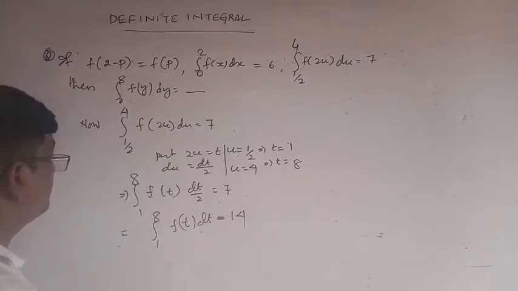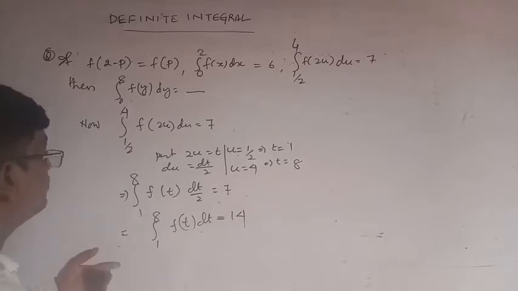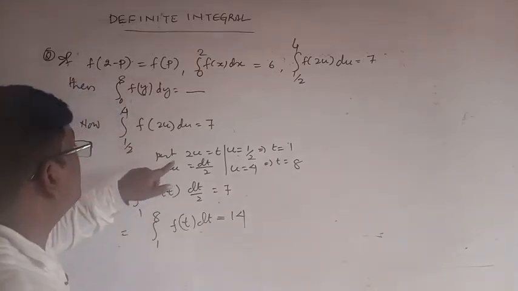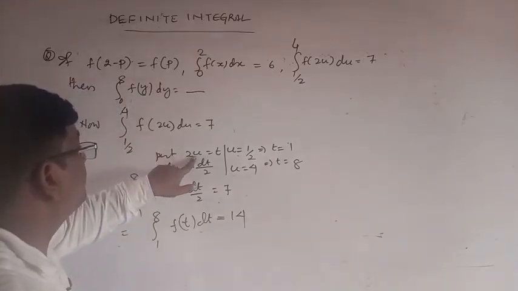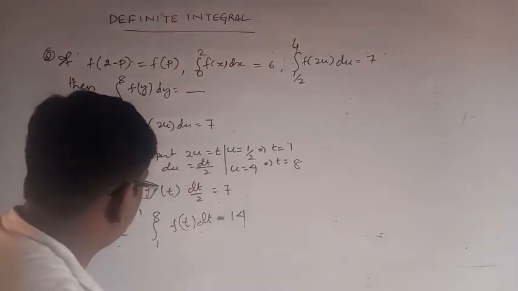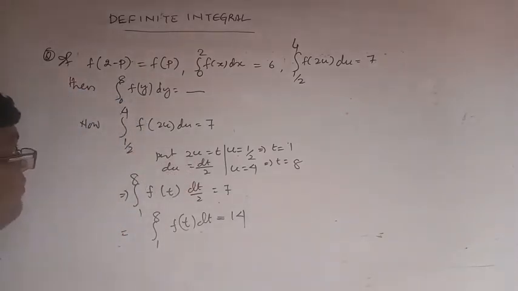Now 0 to 8. So we can write this, if u equals half then t equals 1. Clear? Then we have the integral from 0 to 2 of f of x dx is equal to 6. This can be written as 0 to 1 and 1 to 2.